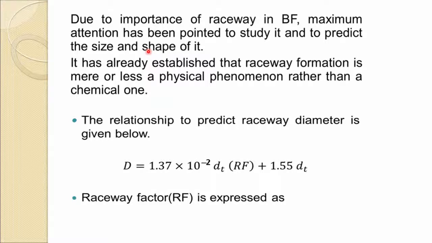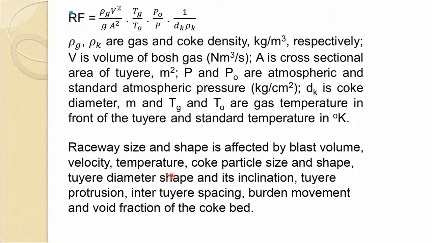So, many attempts have been made and this is just one of the expressions, very old, almost 40 years ago it was proposed, but lots of work has been done after that.